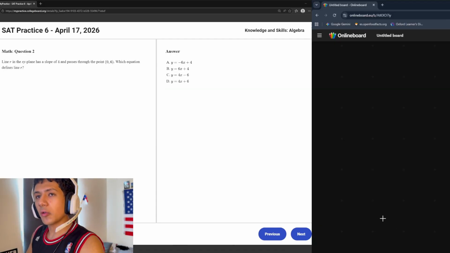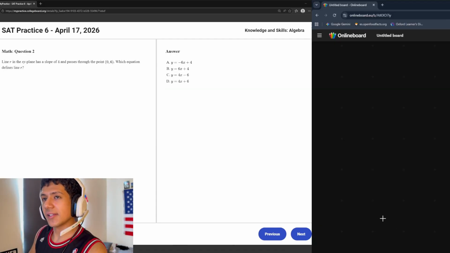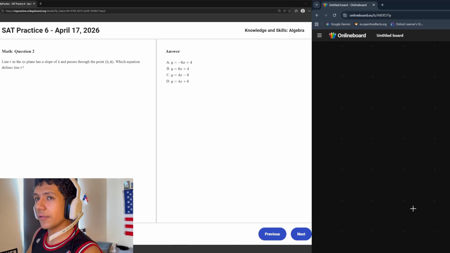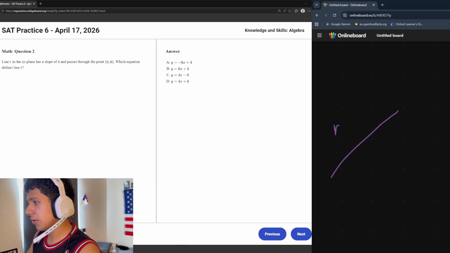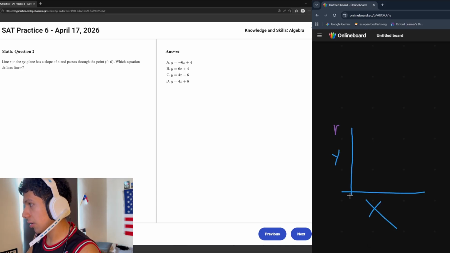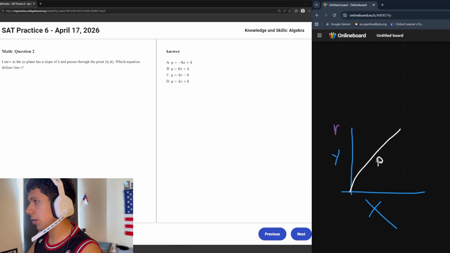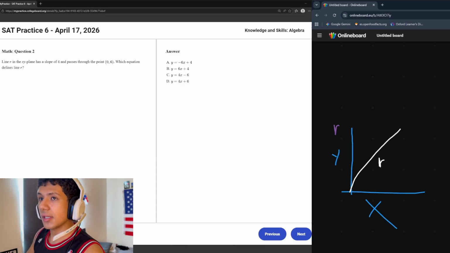Alright, second question. Line R in the xy plane has a slope of 4. So we have the xy plane here, the y-axis, the x-axis, and line R somewhere here, and it has a slope of 4.